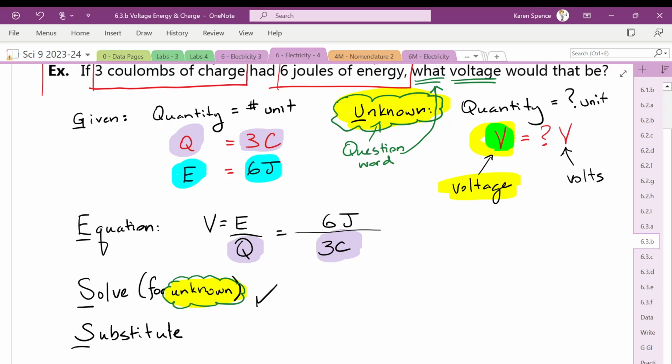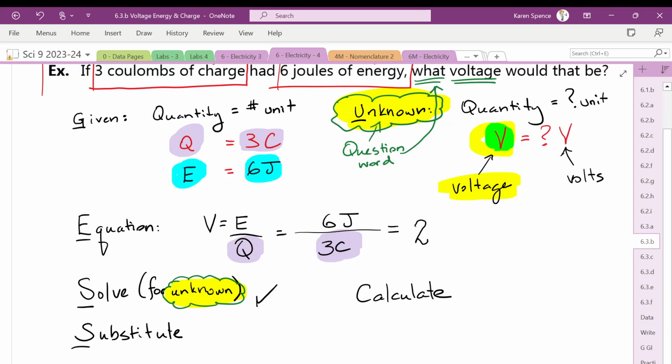So that's our guess. What comes after guess? CUBS. What does C stand for? Calculate. So you're going to do the numbers. What are you going to do? You've got 6 over top of 3. That means, are you multiplying or dividing? Dividing. If one number is over top of another number, you're going to divide. What is 6 divided by 3? 2. Does that look like a reasonable number of digits to you? Yeah, okay.